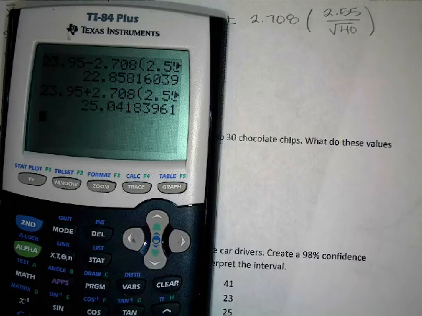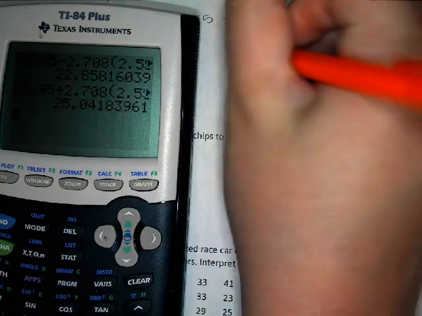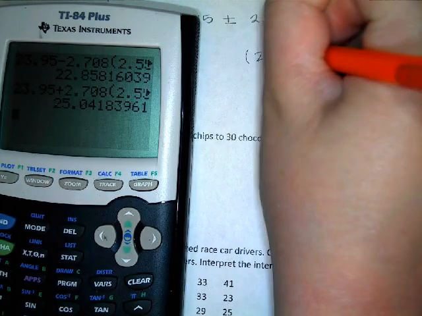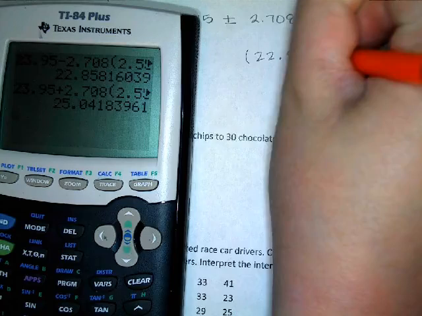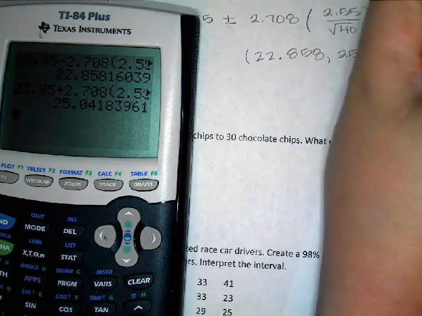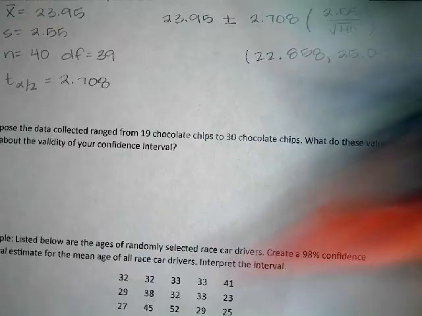So 22.858, 25.042, and the interpretation is our sentence.